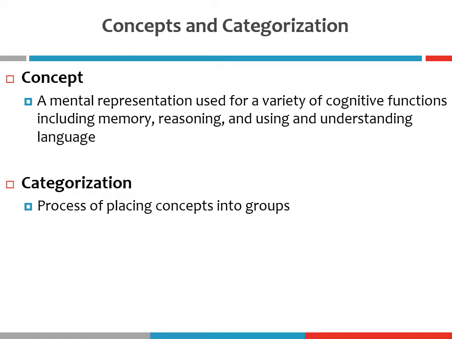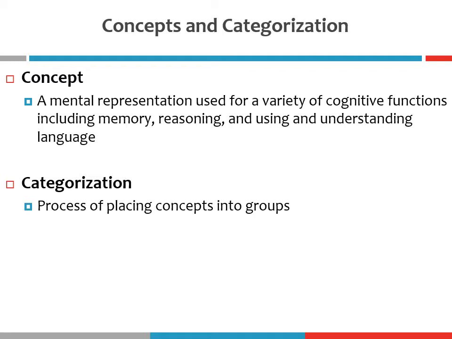What this illustrates is that you know what's going on when you see parking meters and cars and gas stations and bicycles, because your mind is full of what are called concepts. A concept is a mental representation that's used for a variety of cognitive functions, including memory, reasoning, and especially language.